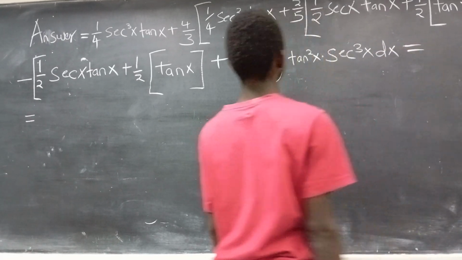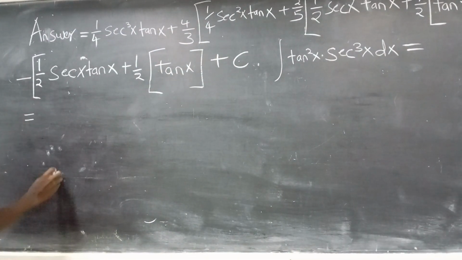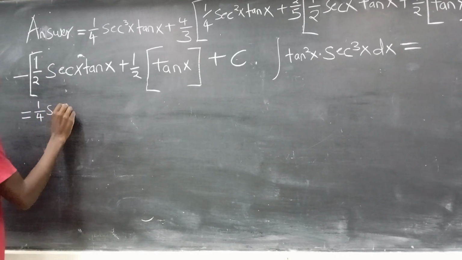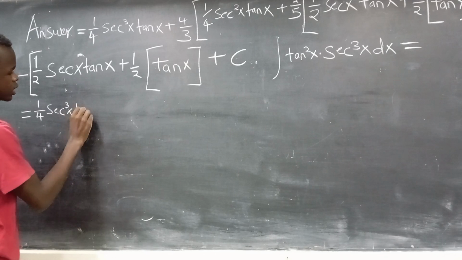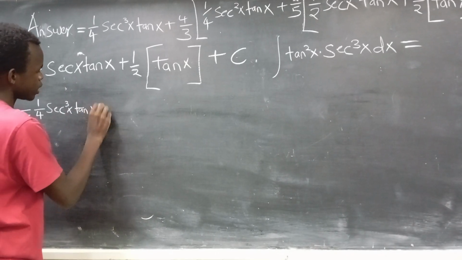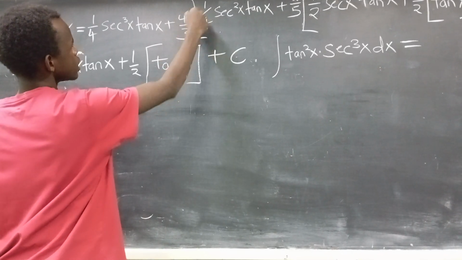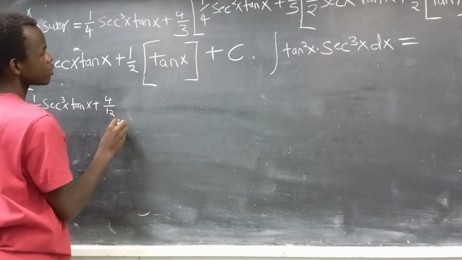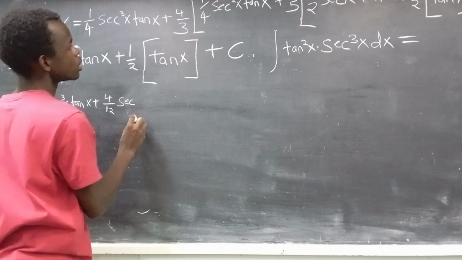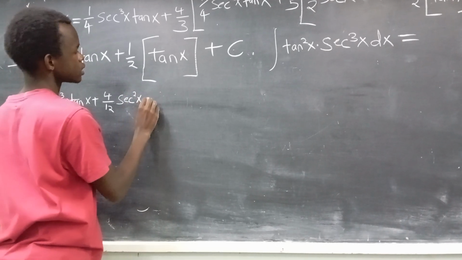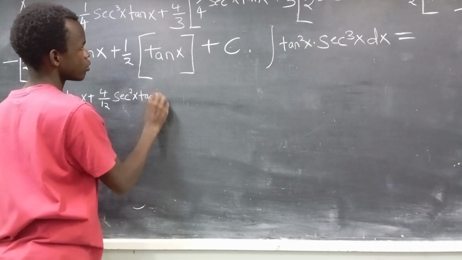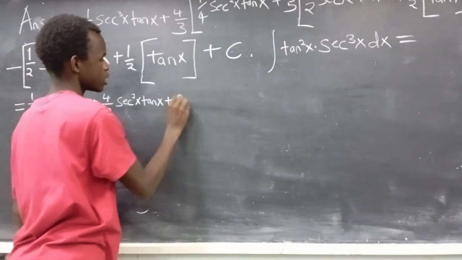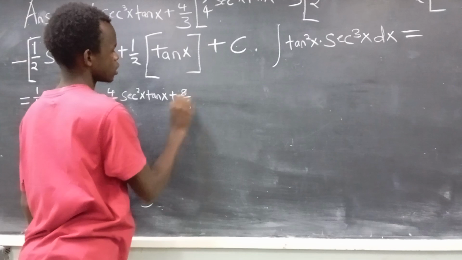My answer for that will be a quarter secant cubed of x tangent of x plus 4 over 3 multiplied by this, I'll get 4 over 12 secant squared of x tangent of x plus 4 over 3 multiplied by this is 8 over 15.